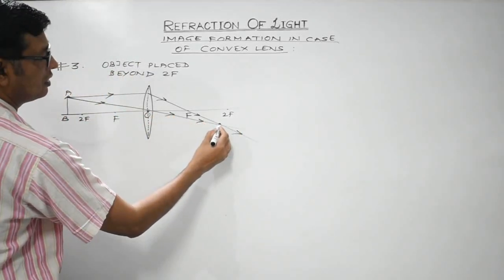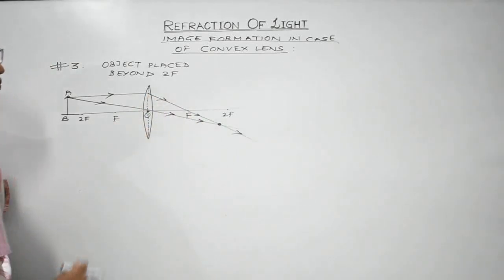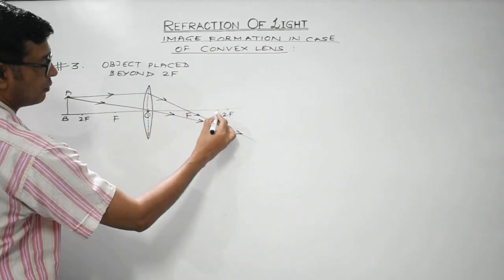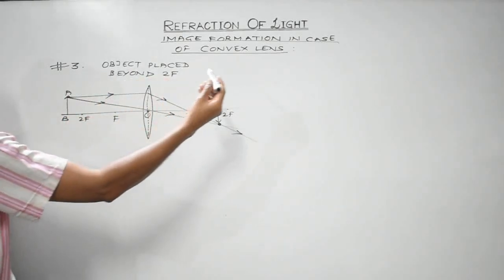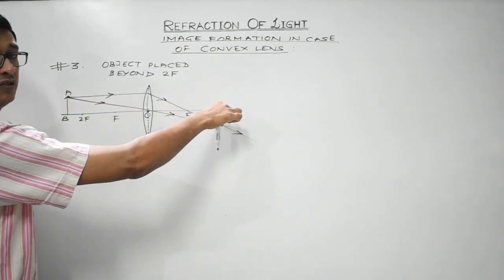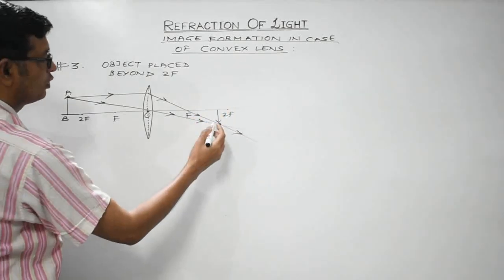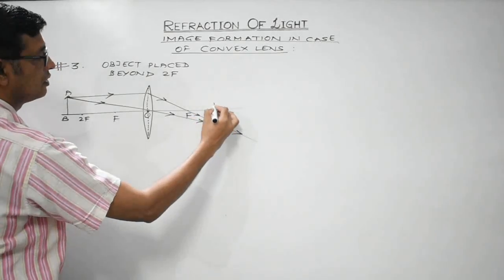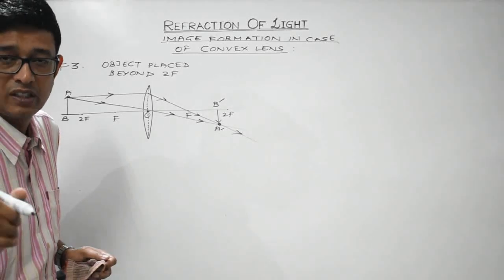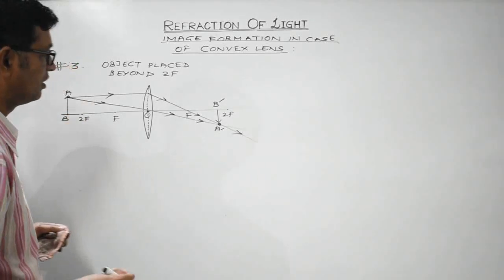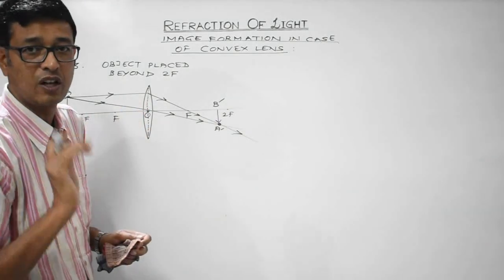So here the intersection of the refracted rays is obtained. So here the image is formed. If the object is like this, the inverted image is obtained. So this will be A dash, this will be B dash, right? In case, students, you make use of the second rule, then also at the same position the image will have been formed.